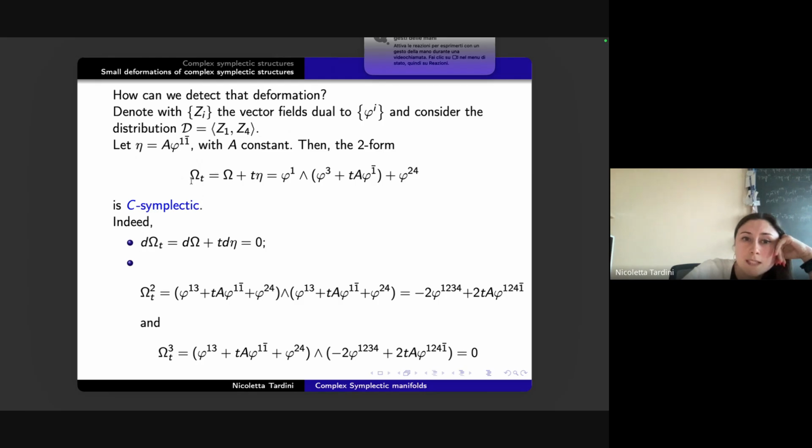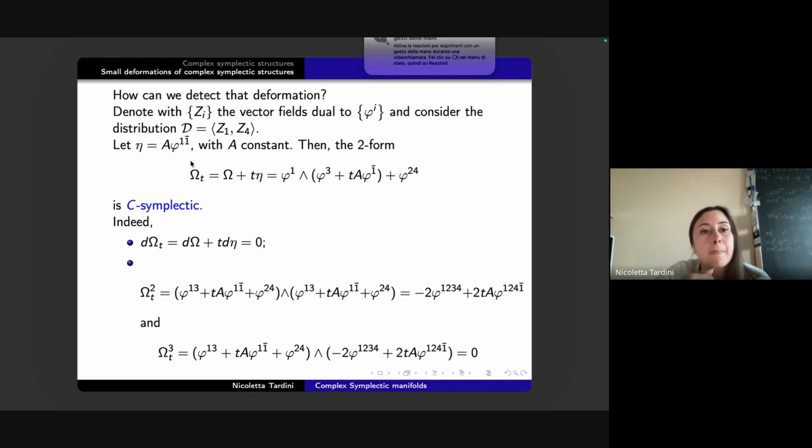And we deform omega in this way. We take omega t to be the starting complex symplectic form omega plus t eta, where t again is a complex number, okay? And in this way, if you do the computation, you see immediately that this is the form you get. And it turns out that this form is C-symplectic, according to the definition of Verbitsky.